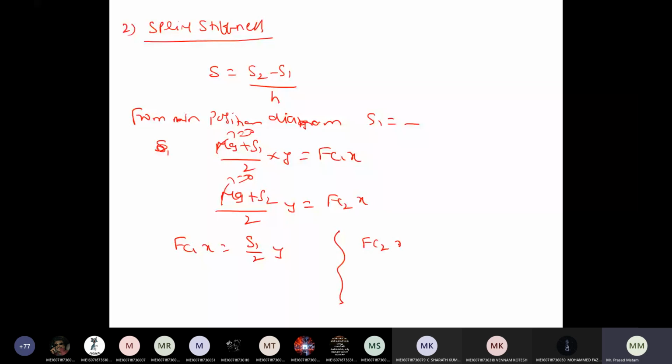From this, what is S1? S1 is 2 FC1 into h by y. Similarly, S2 is equal to 2 FC2 into x by y. Substituting all the values, we know h, x, y, FC1 and FC2.